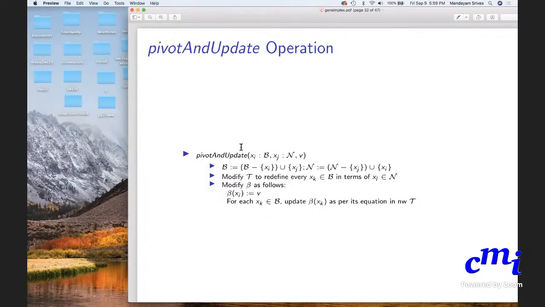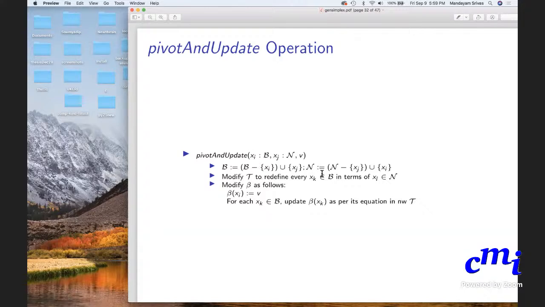This is a formal description of what I just said. Pivot and update takes a basic variable xi that is violating one of its constraints, and a chosen variable in the non-basic set which can be used to adjust its value to make xi satisfy its constraint. And this v is either the lower bound or the upper bound to which xi has to be adjusted.